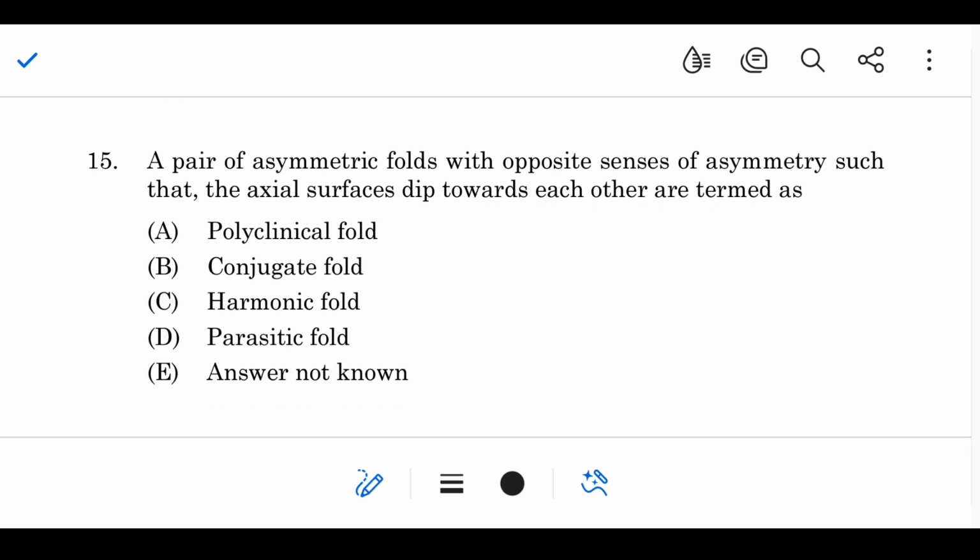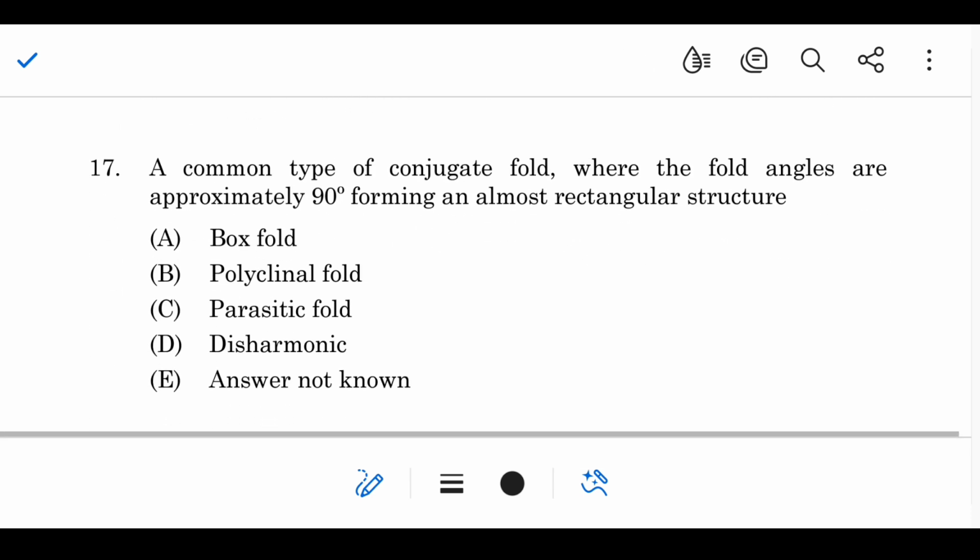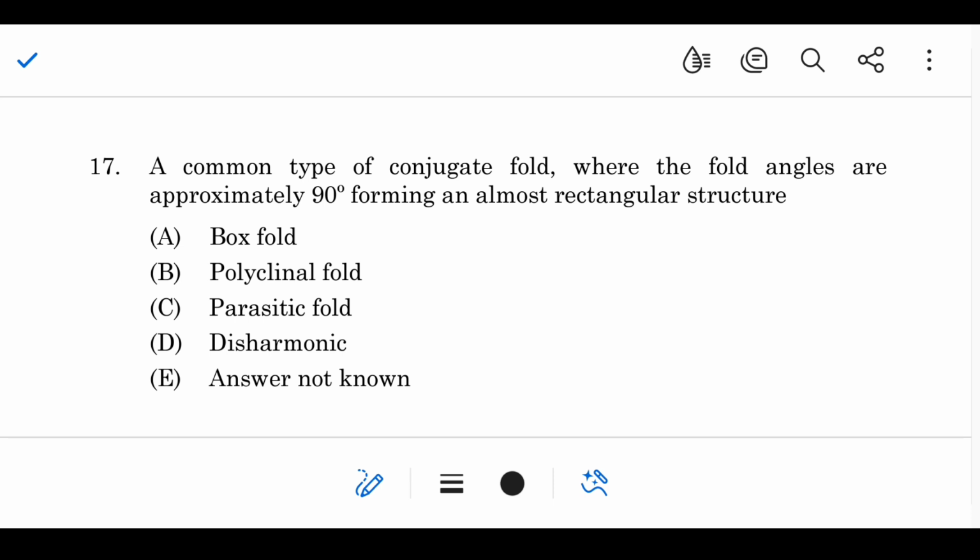A pair of asymmetric folds with opposite sense of asymmetry such that the axial surfaces dip toward each other are termed parasitic folds. 16th question, substances that undergo a large plastic deformation before rupture are called ductile. A common type of conjugate fold where the fold angle is approximately 90 degrees, forming an almost rectangular structure, is box fold.